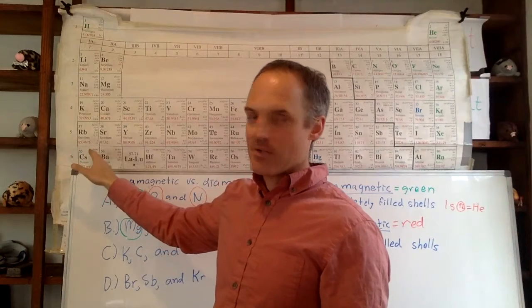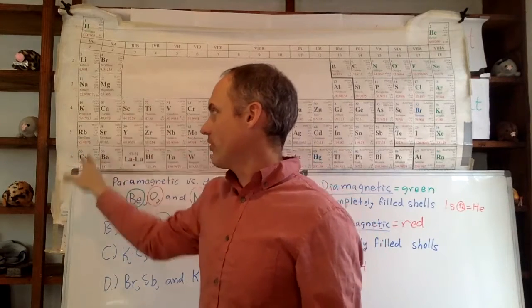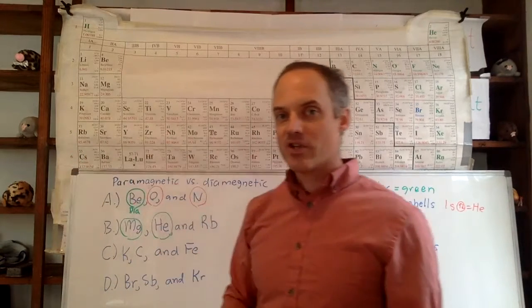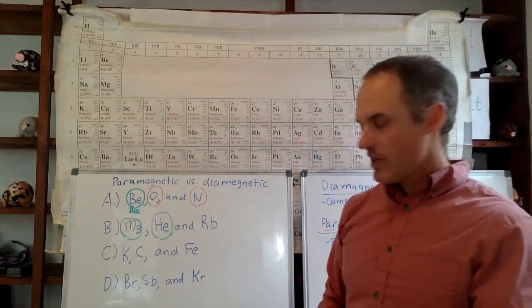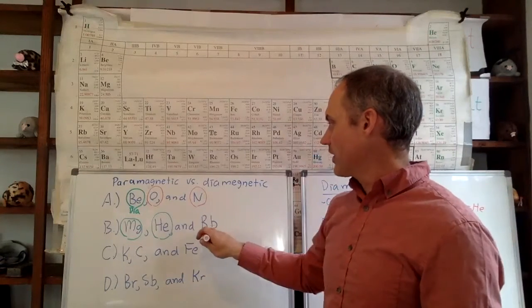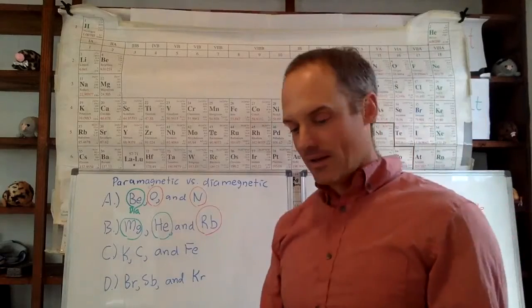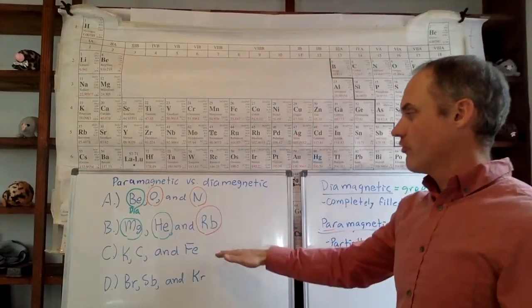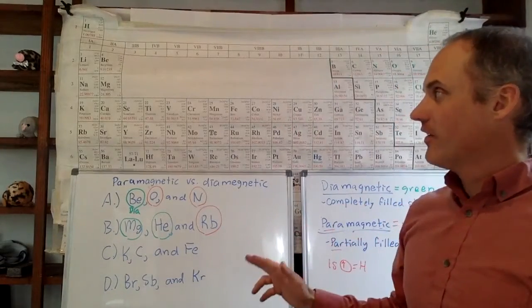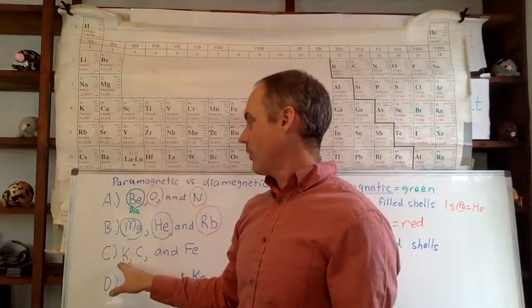And then we have rubidium, which, oops, that one is not. Rubidium is an s1 configuration. These are all s1. The s subshell can take 2 electrons. So, sorry, bud, you didn't make the cut. You are partially filled, paramagnetic. Moving down to the next one, we have potassium. Oop, we messed that one up right away.